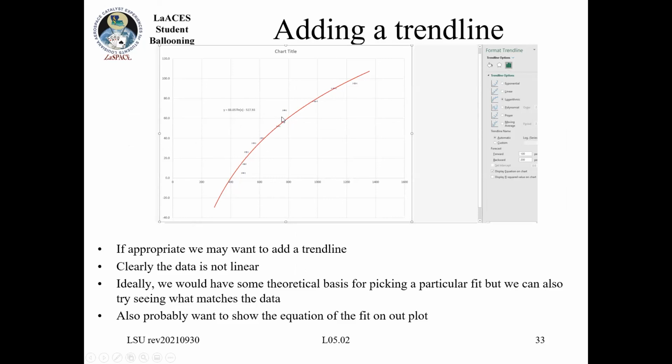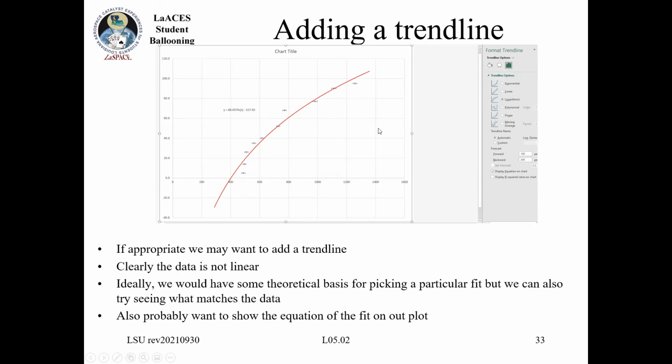Well, you can see from this particular plot that it's definitely not a linear relationship. However, if you go through the data sheet, you will be able to predict individual values. But in this case, I may just want to see which of the various trend line functions match the data the best. So I could try a few of these, a polynomial, a logarithmic.